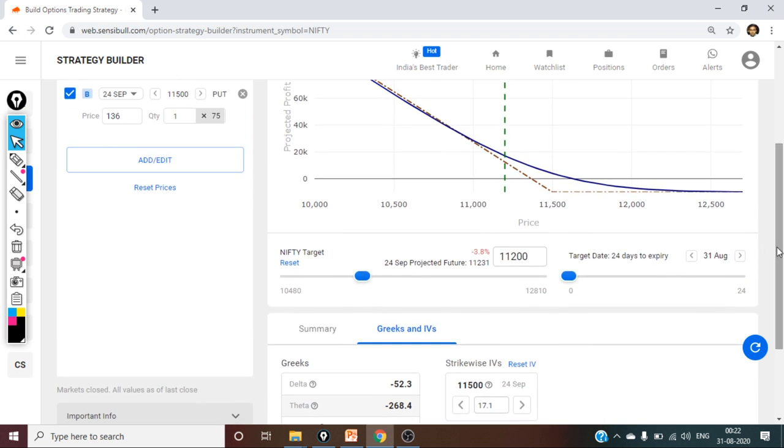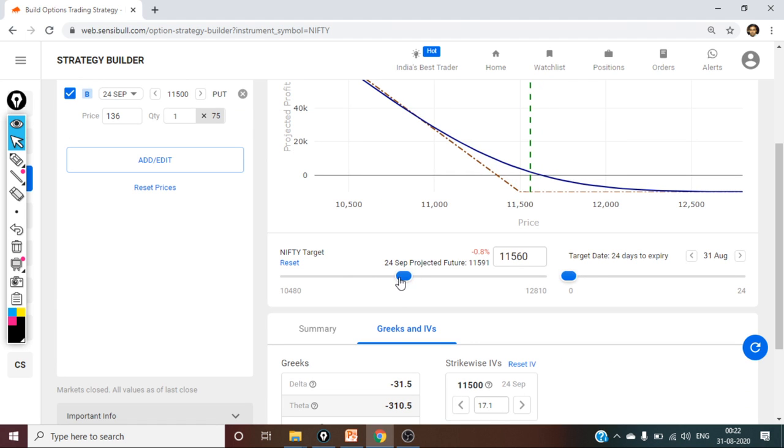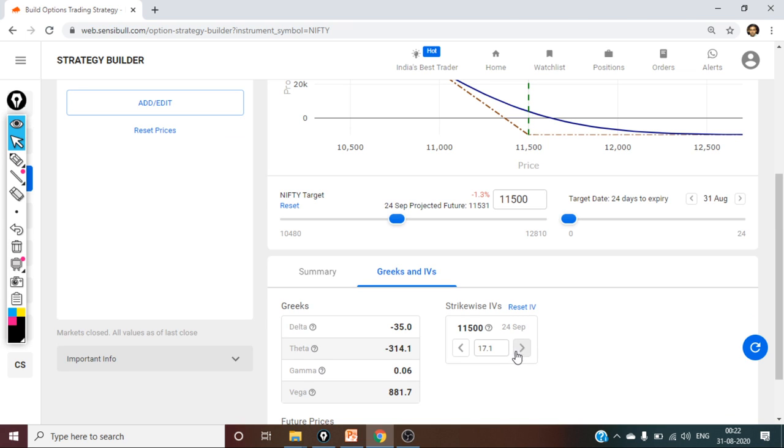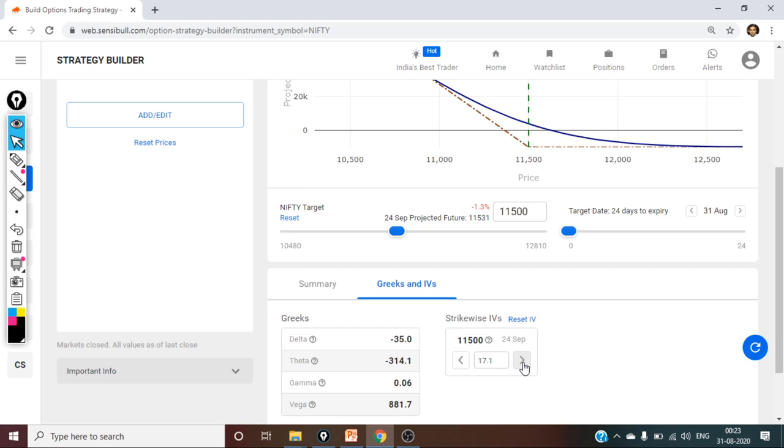Now see the impact of Vega. Let's say the stock does not move anywhere and time does not pass. Time is still and stock is still. But IV, let's say for example, starts rising. Right now the IV is 17.1 on the 11,500 strike. Let's say IV starts rising in Nifty.